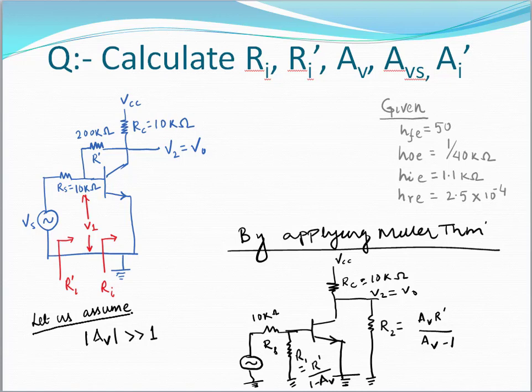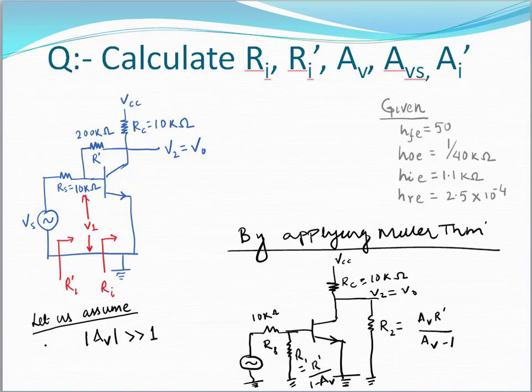We are taking this assumption so that the calculation becomes a little easier, because the gain of this transistor is generally much bigger than 1. That's why we are using a transistor in common emitter mode, because in common emitter mode the transistor has high gain.